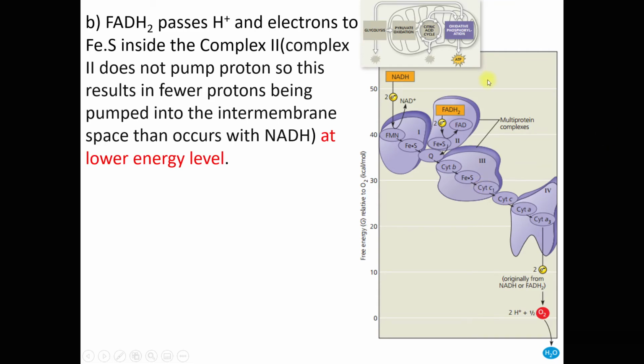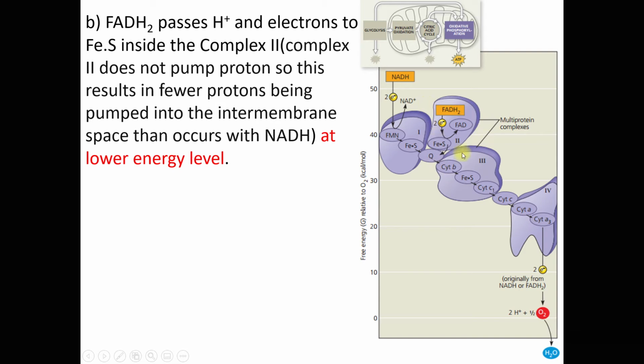Next, FADH2, right, passes protons and electrons to the iron sulfur protein inside the complex 2. Now, do take note that this complex 2 does not pump protons. Okay, complex 2 does not pump protons.